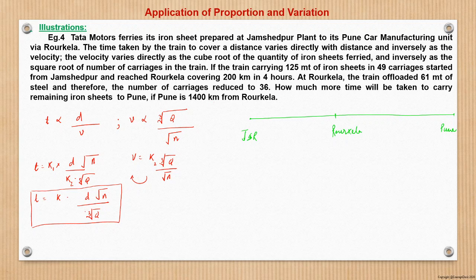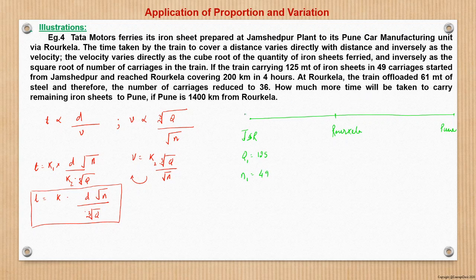Now further the question says that the train is carrying 125 million ton of iron sheet in 49 carriages. So it is given that the train started from Jamshedpur. So what is the initial Q1? Q1 is 125 MT and number of carriage N1 is 49, right?